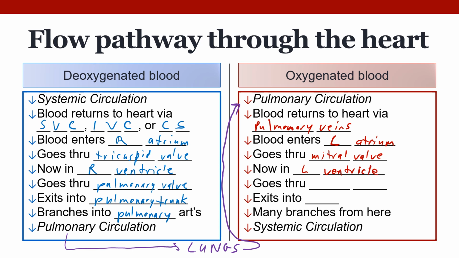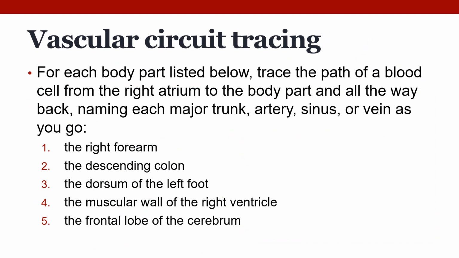The left ventricle pumps the blood through the aortic valve into the aorta. There are many, many branches from there, and that puts us back into the systemic circulation that will then dump blood back over here, and that makes it a circulatory system. Okay, so that's a very simple circuit tracing.